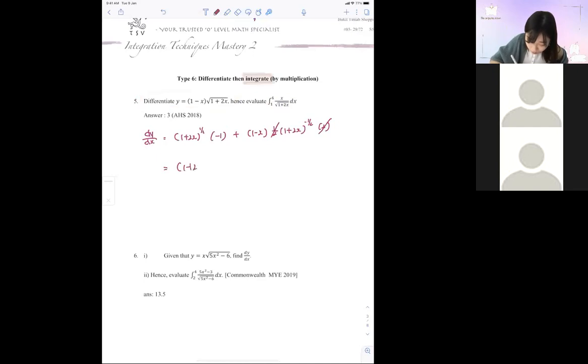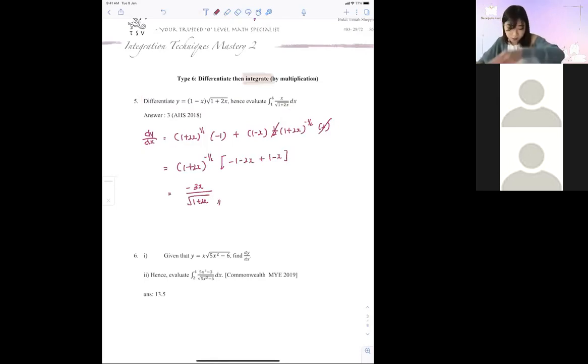Take out the smaller power. Can you see if you get the same as mine?